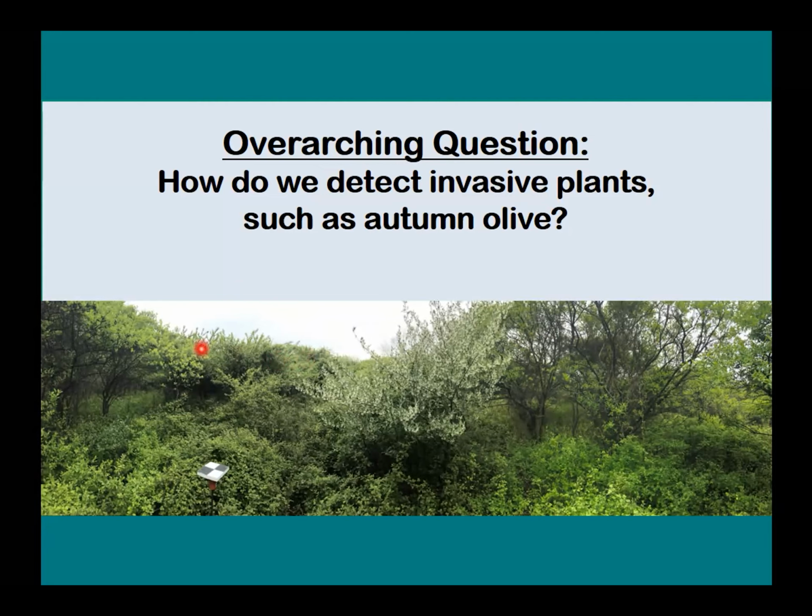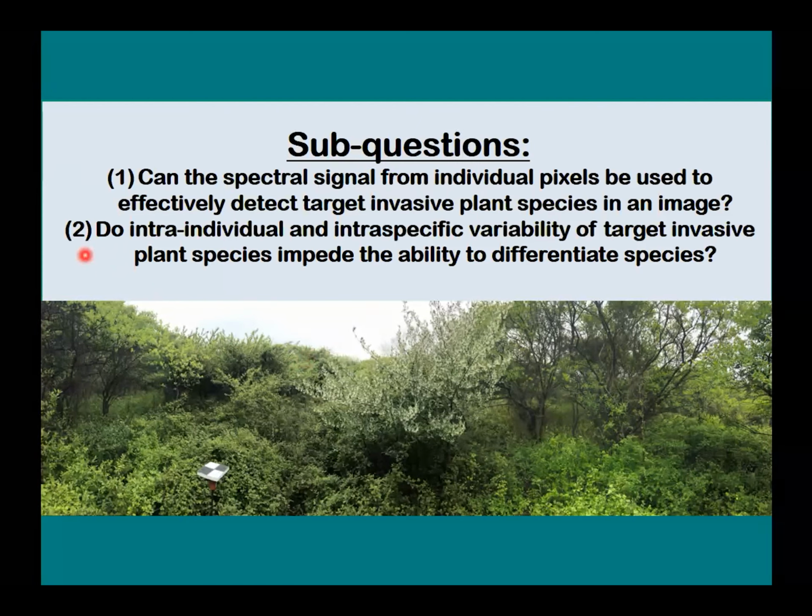So can we do this? Can we detect individual plants and individual plant species using these technologies? A more specific question is, can we derive a spectral signature from individual pixels that can be used to detect target invasive species?